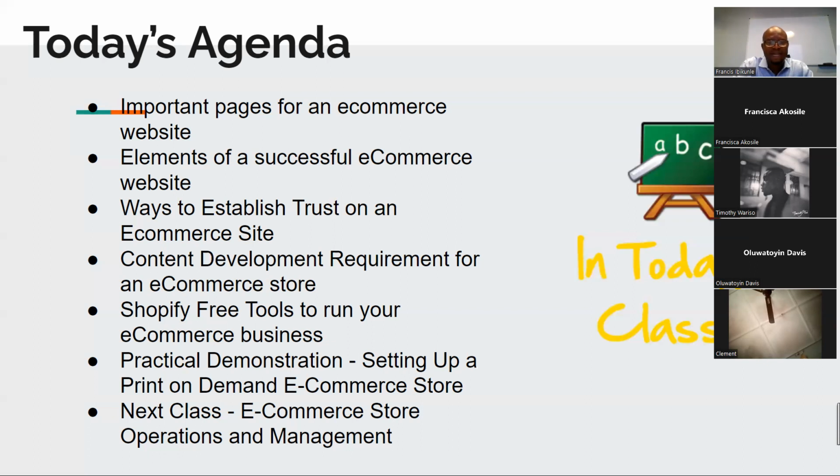The first on the agenda is important pages for an e-commerce website, because when you set up an online store, it's all about the website. I've explained that before at the beginning of this class. The e-commerce store, the online store, is on a website. And what is a website?